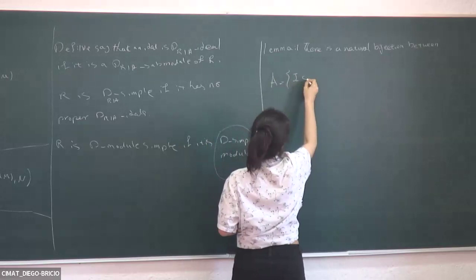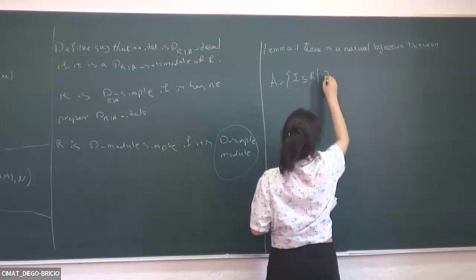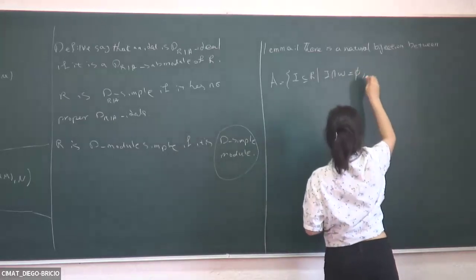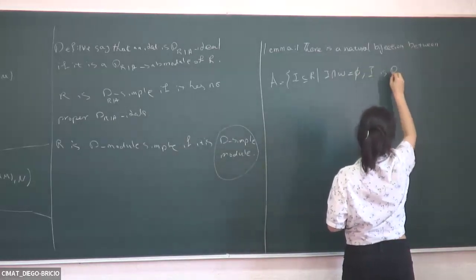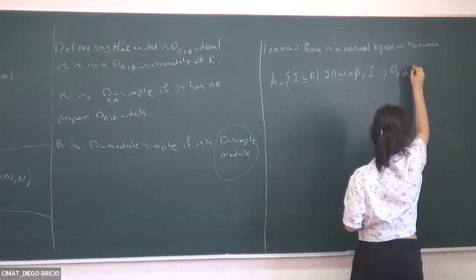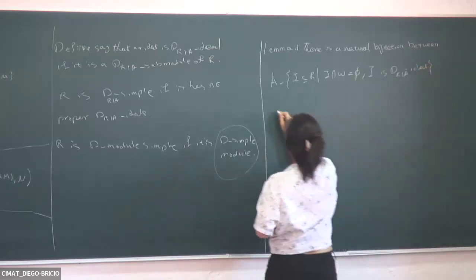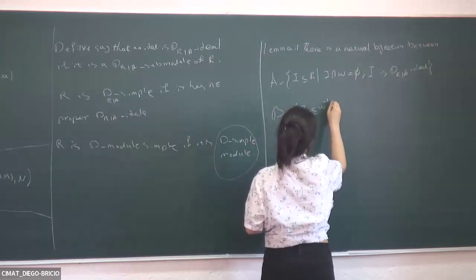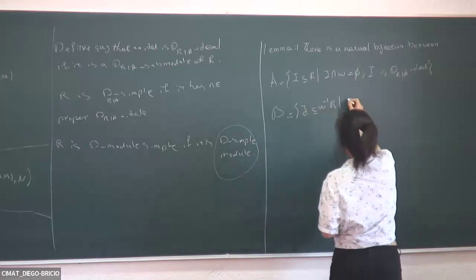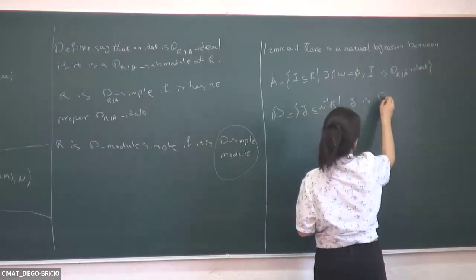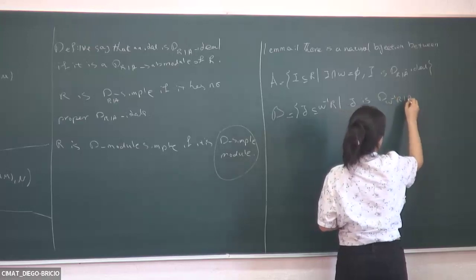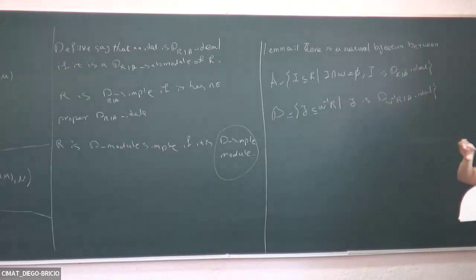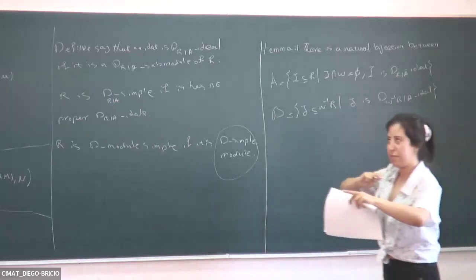A is the set of I, a subset of R, such that I is an integer and I is a P R over R ideal, and B is the set of J, a subset of W minus R, such that J is D W minus R. So you can see that we can commute with the multiplicative set.